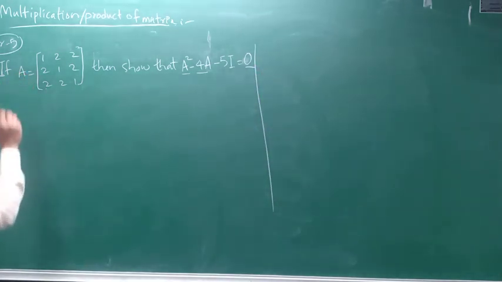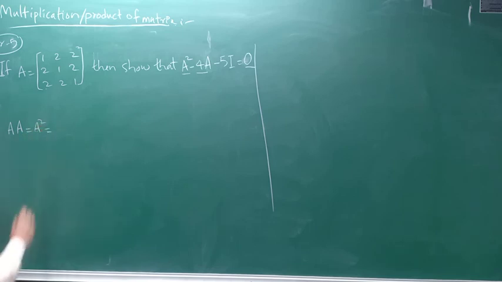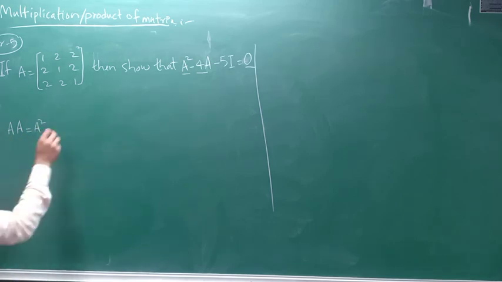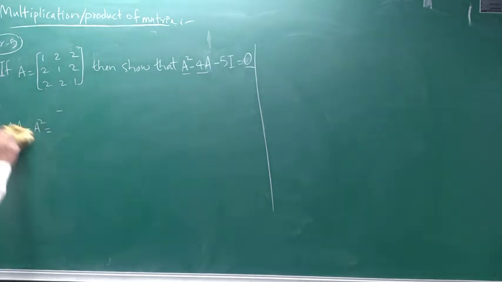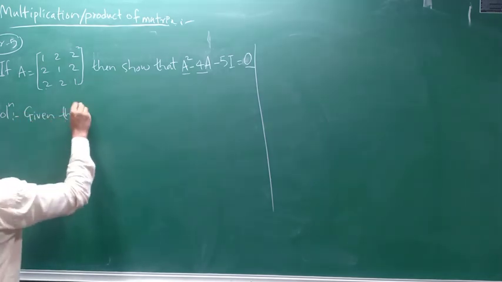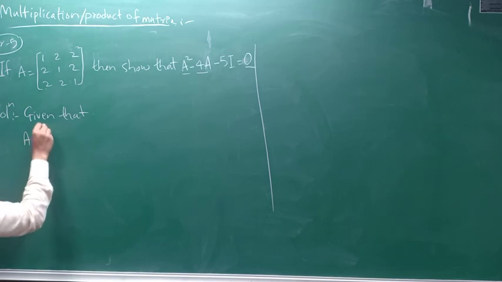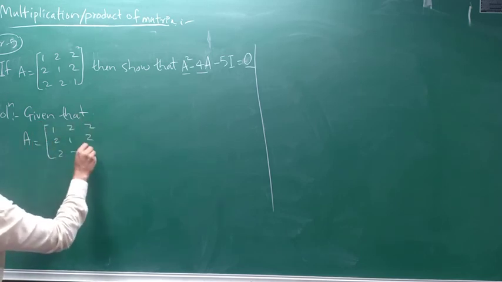So here we have A. If I multiply A into A, then I will get A square. Solution. Given that A is equal to [1, 2, 2; 2, 1, 2; 2, 2, 1].